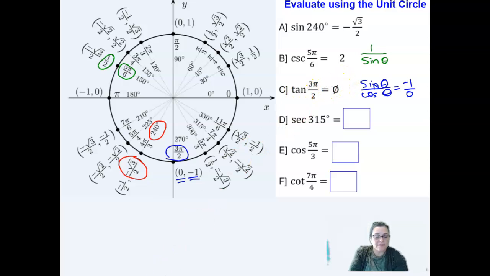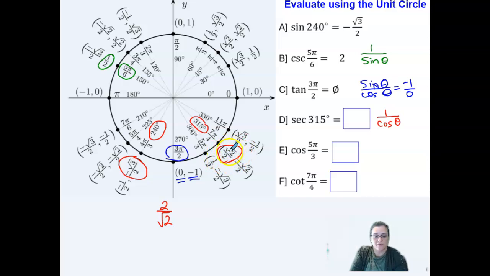Secant is the reciprocal of the cosine. So secant is 1 divided by the cosine of the angle, and 315 degrees is in quadrant 4. The cosine is positive square root of 2 over 2. So we'll have square root of 2 in the denominator and 2 in the numerator when we take the reciprocal of that value.